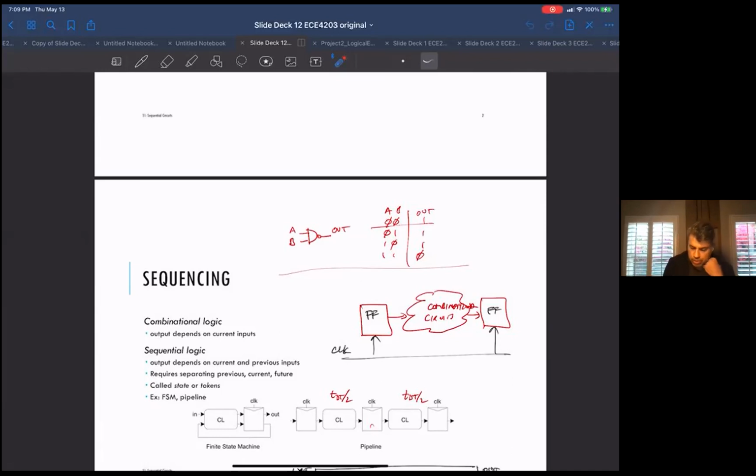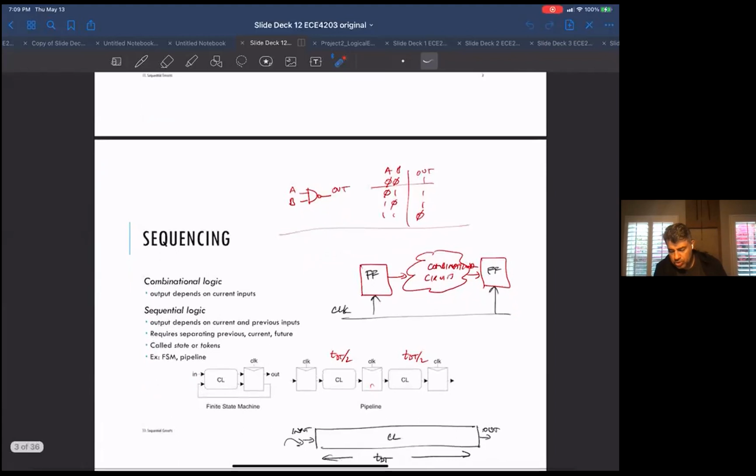So if you need your circuit to remember some previous event, an example is a finite state machine, where my favorite example, like I gave in the recording, was a vending machine. It needs to know that you already fed it the money before it says, go ahead and hit the button and select your drink.